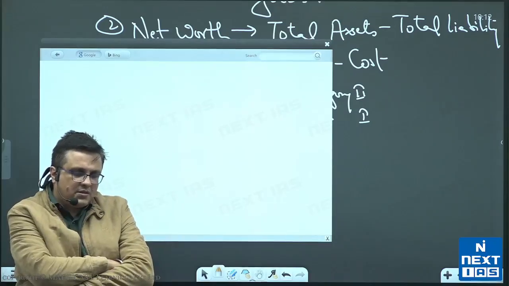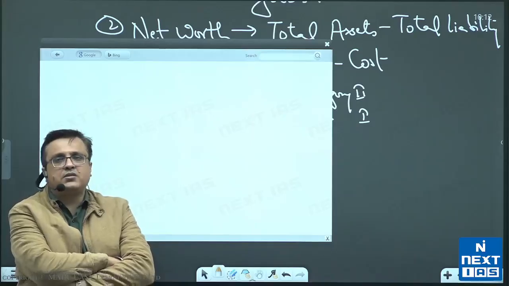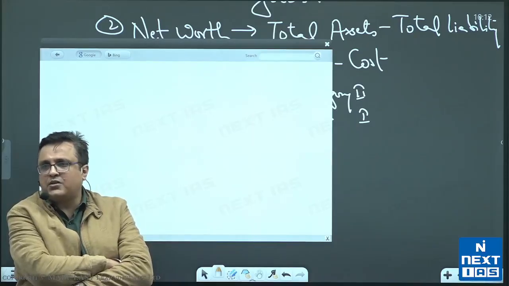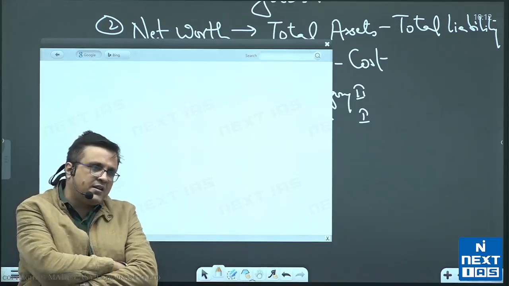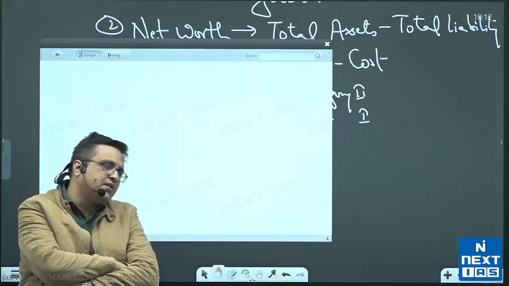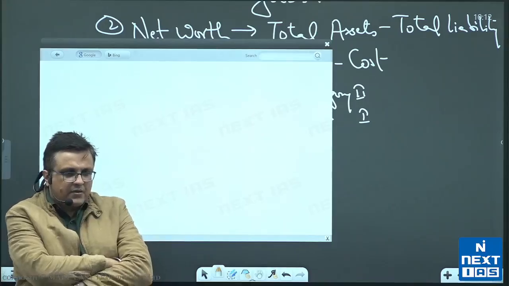Now, when I use this term central public sector units, it means both enterprise and undertaking owned by the central government. All right, that is central public sector units.